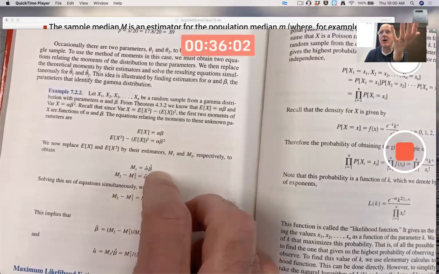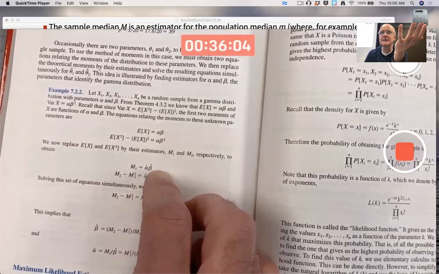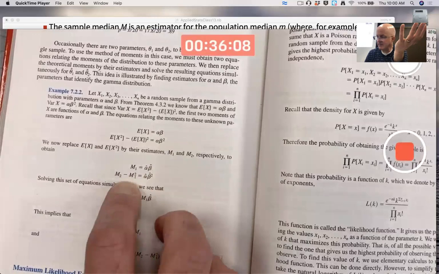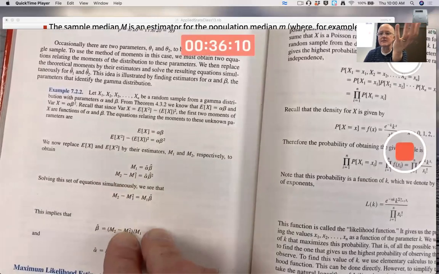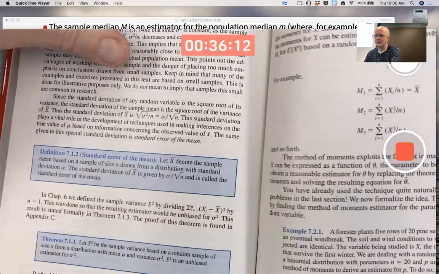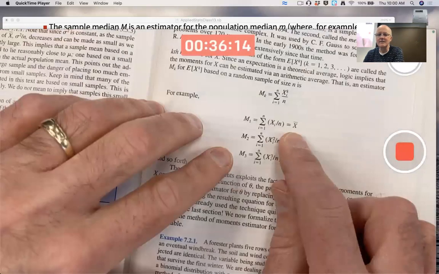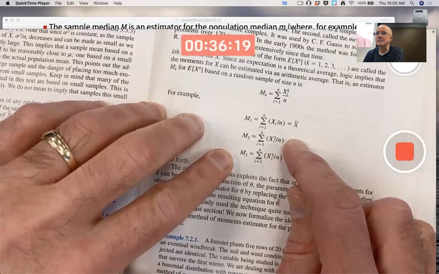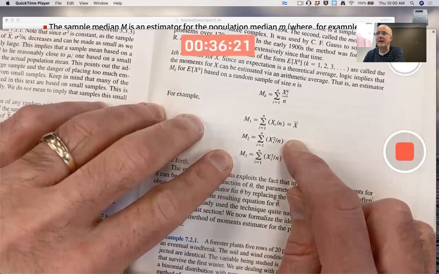Estimators, alpha hat and beta hat, are random variables. They are statistics. Statistics are random variables. M1 and M2 are statistics. M1 is x bar, in fact. M2 is that thing. They're functions of the random sample. They are random variables.